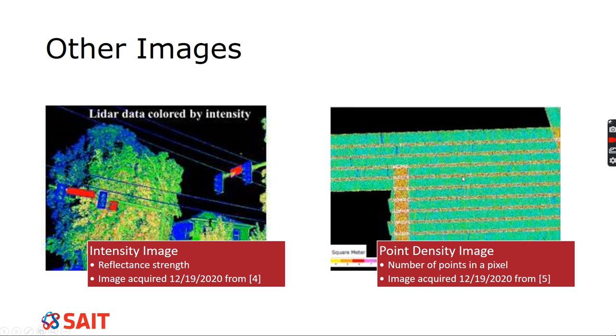Then here's a point density image. These are important to identify gaps in your data or areas where there could be a potential rendering issue because it's overpopulated with points.